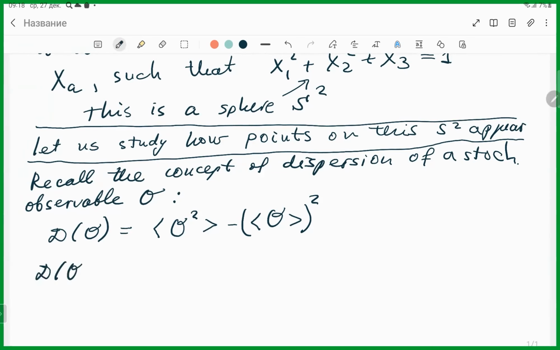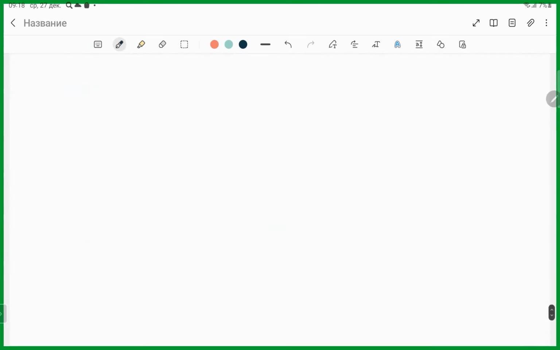Now, the dispersion of O is non-negative. Really, O minus its average, squared, is non-negative, and its average is non-negative.